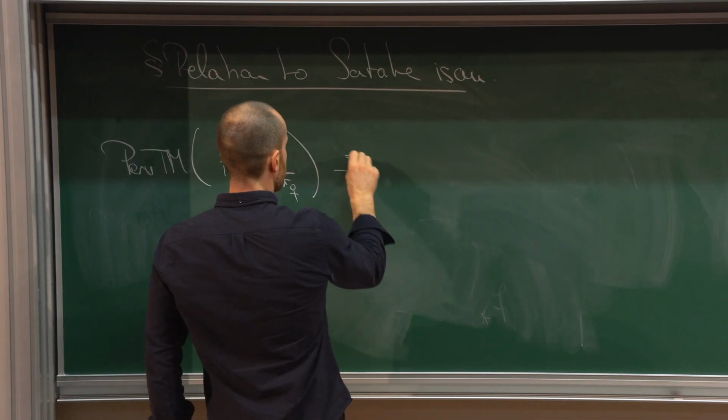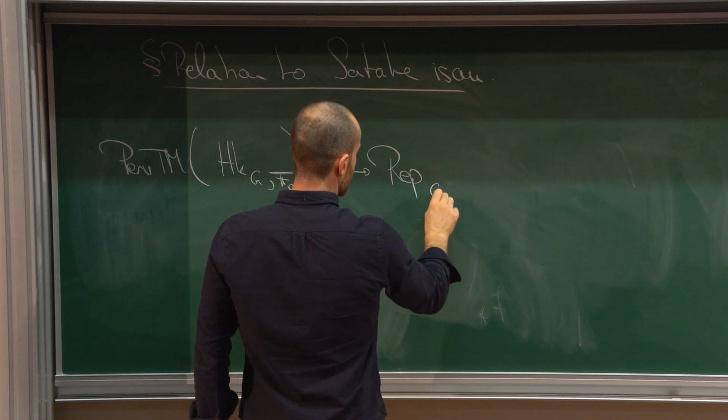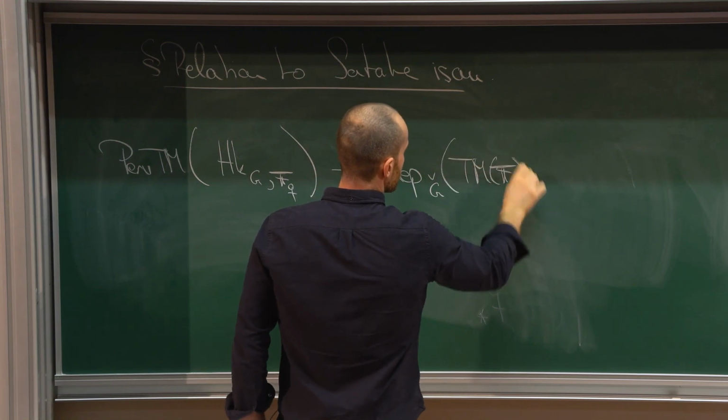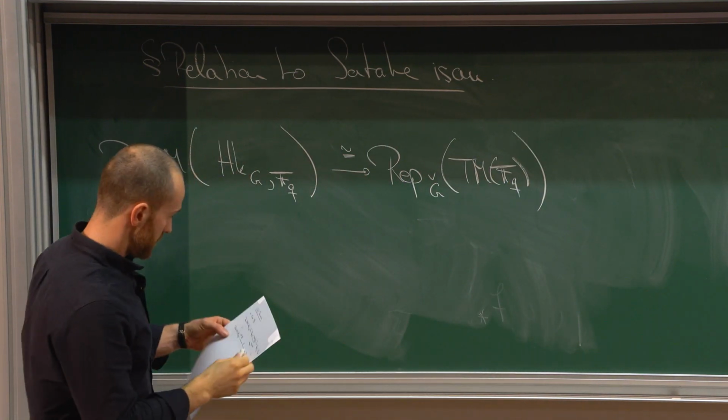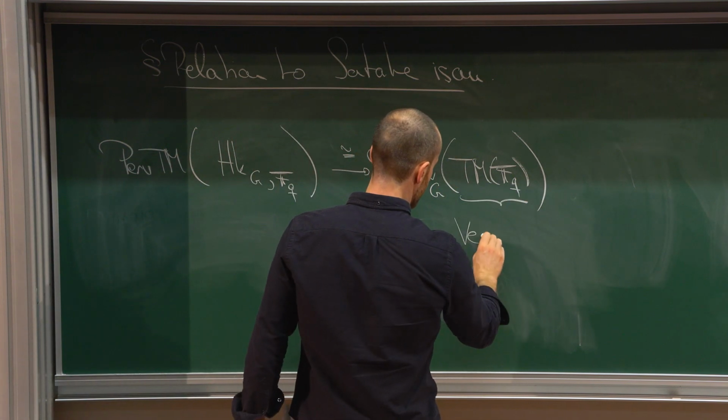And then we have this equivalence to representations of the dual group on Tate motives over F_q. And this here is just the category of Z-graded vector spaces.